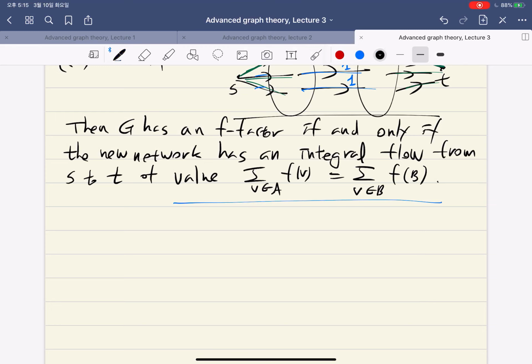Then, by the max-flow min-cut theorem, instead of considering max flow, we can consider the capacity of the minimum cut.